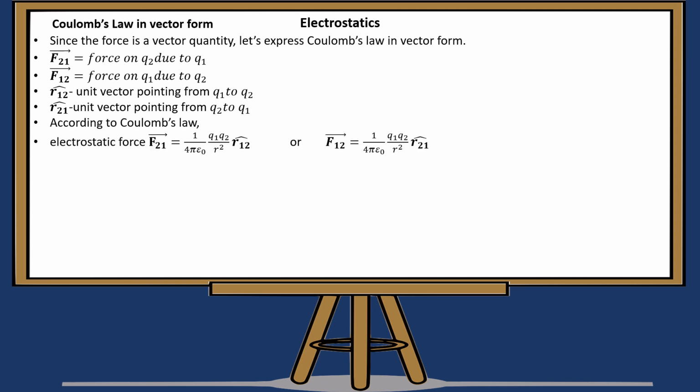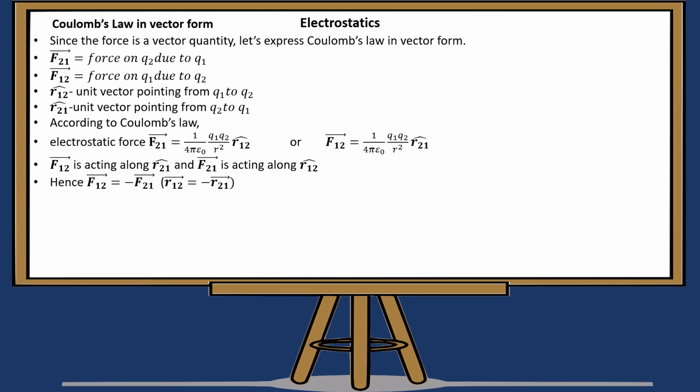According to Coulomb's law, the electrostatic force F21, that is on Q2 due to Q1, is equal to 1 by 4 pi epsilon 0 Q1 Q2 divided by R square R12, and F12 is 1 by 4 pi epsilon 0 Q1 Q2 divided by R square R21. F12 is acting along R21 and F21 is acting along R12. We know the unit vector R12 is opposite to the unit vector R21, and hence F12 is equal to minus F21.